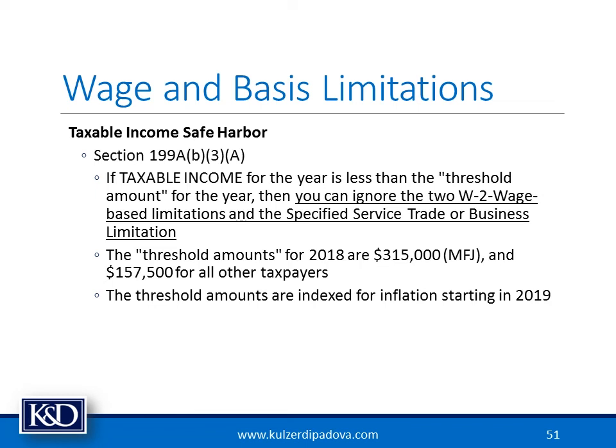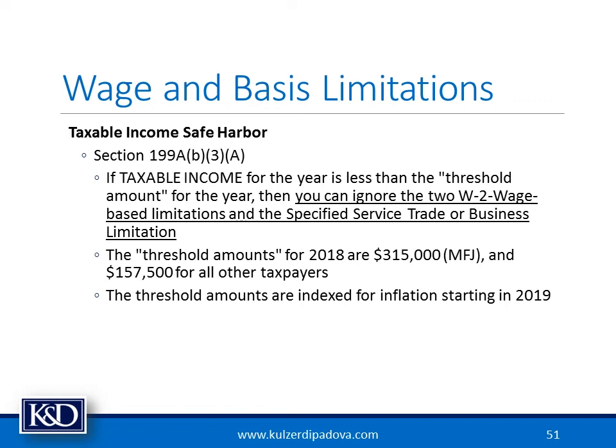Both of these limitations are subject to a safe harbor. So under the original statute, 199A(b)(3)(A), if the taxpayer's taxable income is less than the threshold amount, you can ignore the wage and basis limitations, and you can also ignore the specified service trade or business limitation, which I'm going to talk about in a few minutes.